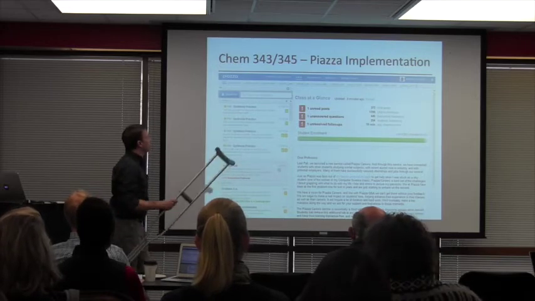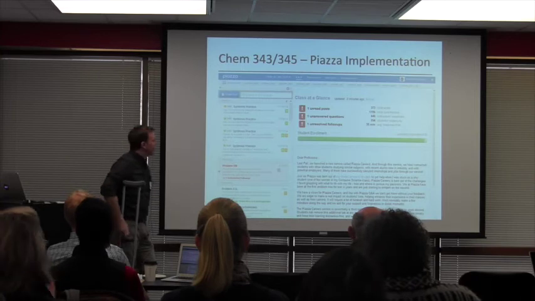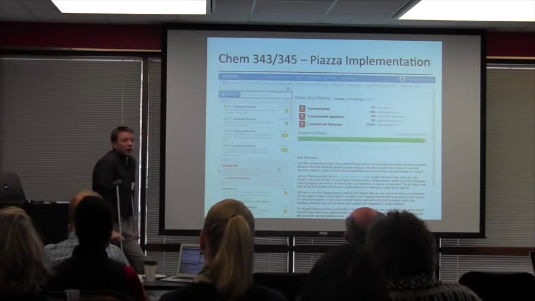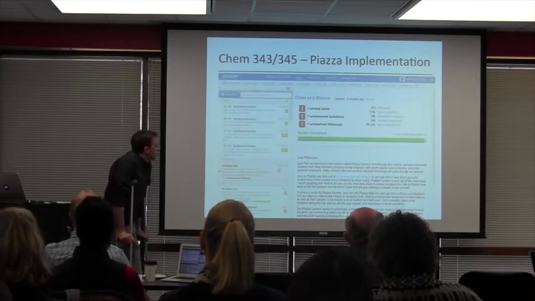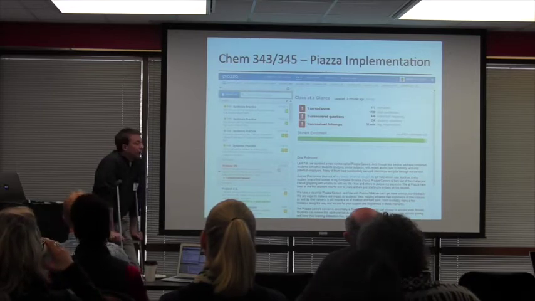You'll notice that there are these great green and orange and gray icons over there. That indicates what's been done for that post. It keeps track of green boxes for student answer, orange boxes for instructor answer, and gray for nobody's answered the question yet.